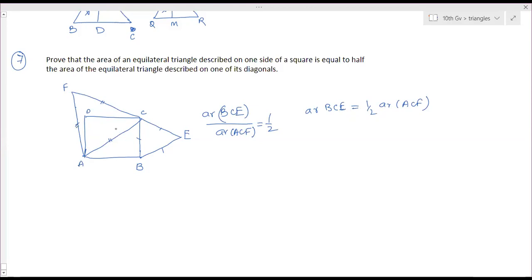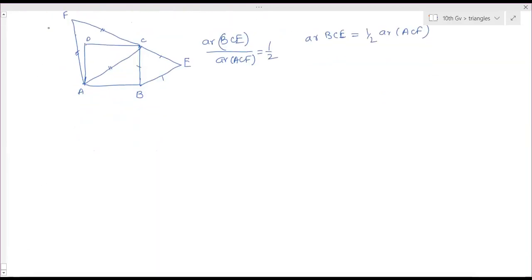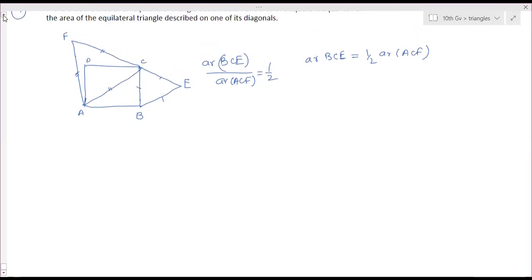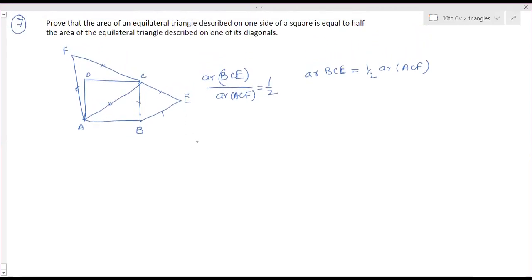These are equilateral triangles. All angles are equal in both triangles. So therefore the two triangles are similar. Triangle BCE is similar to triangle ACF, right?